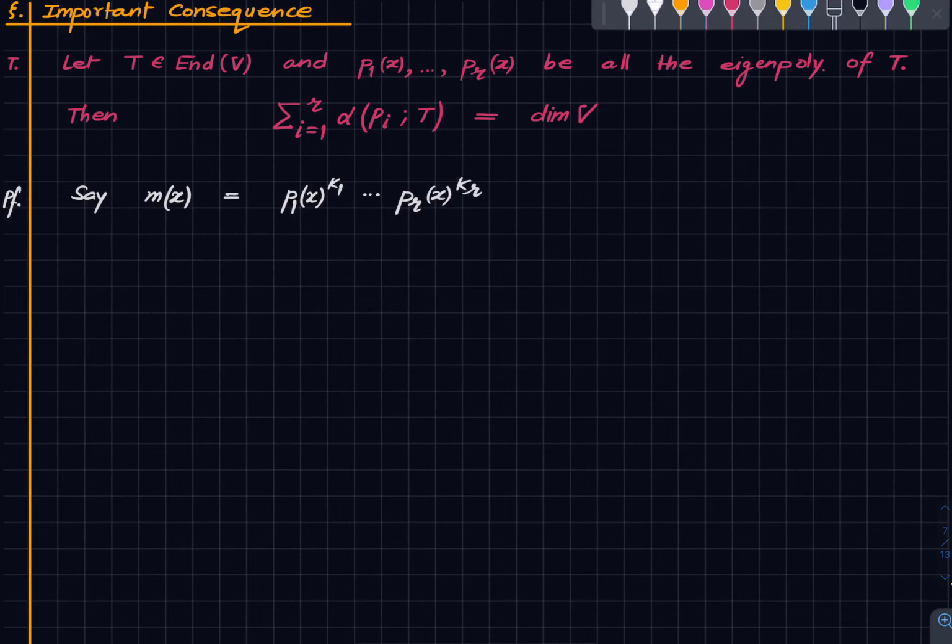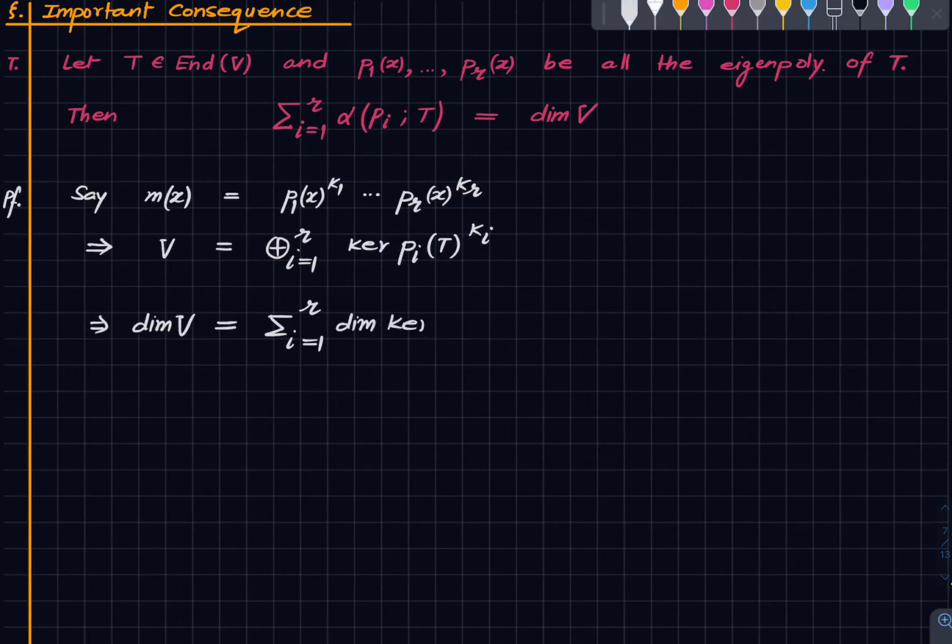So by the primary decomposition theorem, we have that, which implies the dimension of V is this expression, but this is the algebraic multiplicity of the eigen polynomial Pi. This is what we showed in the previous slides. So we have our statement.